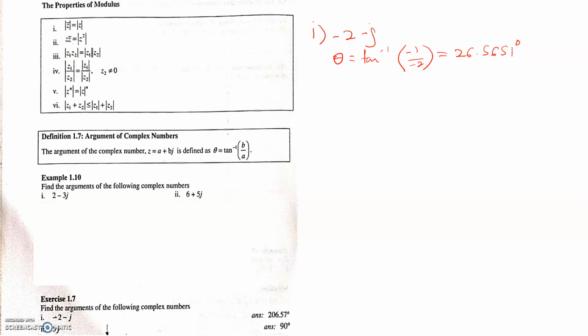Again, let's ask whether this can actually be used to directly represent the argument for this question. So let's draw it down. Where is the a? -2. -2 should be around here. Negative, right? And b is -1, should be down here.